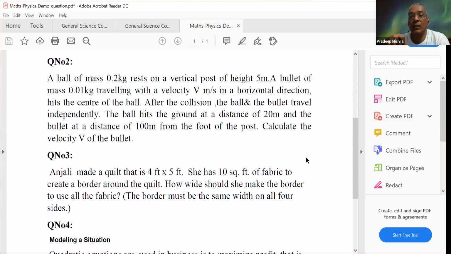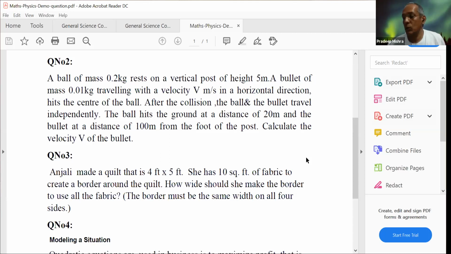Can you understand this question? I think probably you will have some question in physics. I think it was there in 9th standard, not in 10th standard. A ball has 0.2 kg mass and height is 5 meter.